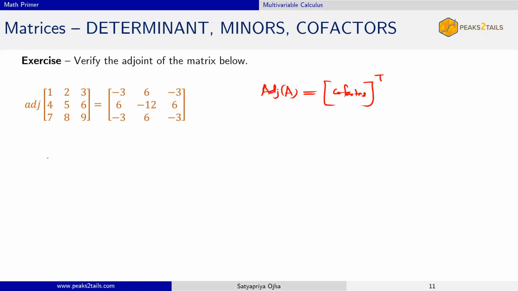So what are the cofactors? What is the cofactor of 1, guys? Let me write that. Can we do it mentally, everything in mind? First, calculate the minor, then think of the sign and tell me the answer. What is the minor of 1? Minor of 1.